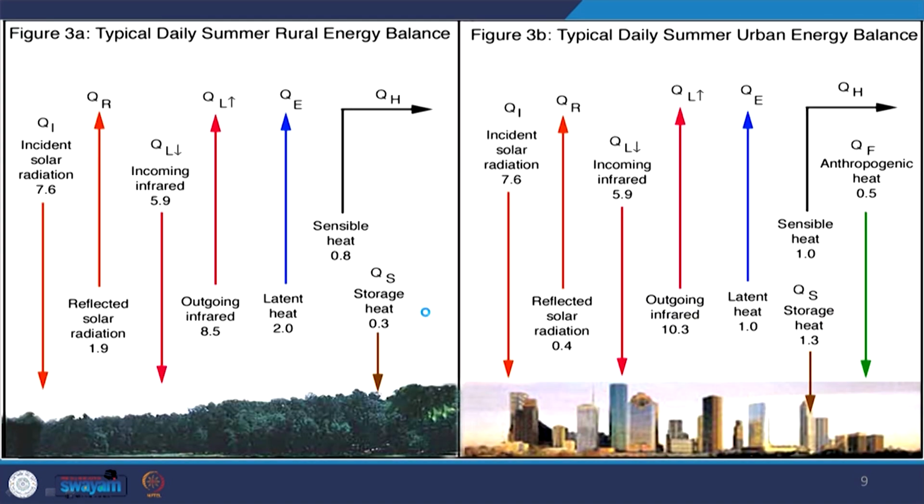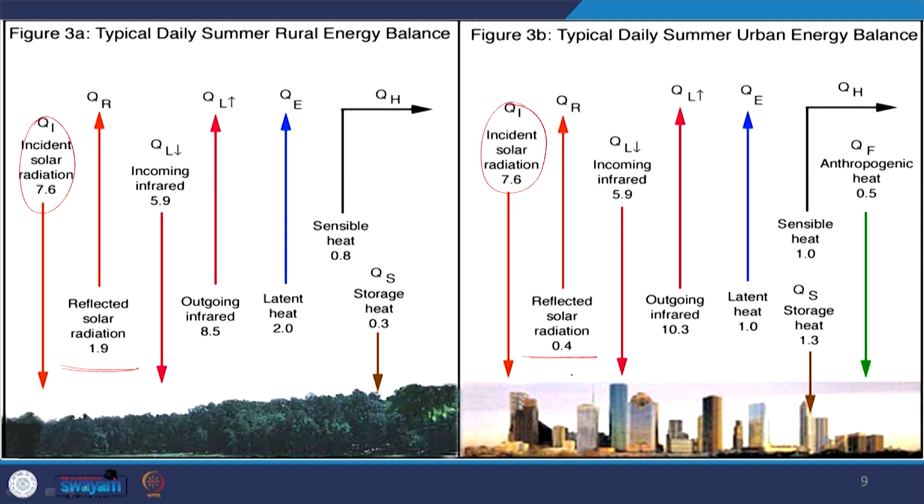If we look at this image, we can very clearly see the difference between the rural areas and the urban areas. If we look at the total solar incident radiation, which we assume is the same, since it is the same latitude and the place receives the same amount of solar radiation, we can see the difference coming in. We have a lot of solar radiation reflected in case it is a rural area, while a lesser amount of solar radiation is reflected back to the atmosphere in urban areas, which implies that a lot of heat is absorbed by the materials.